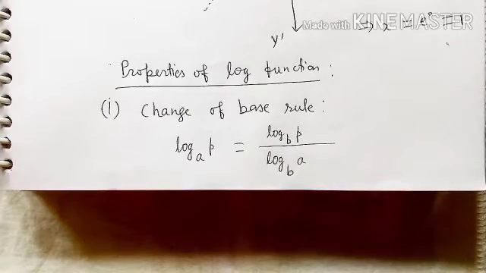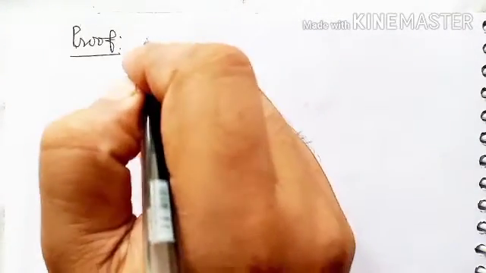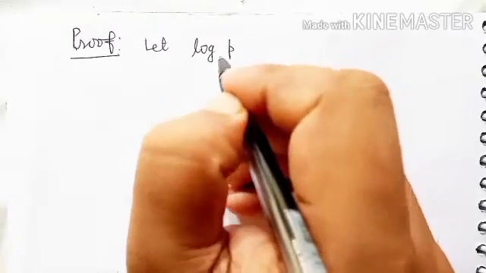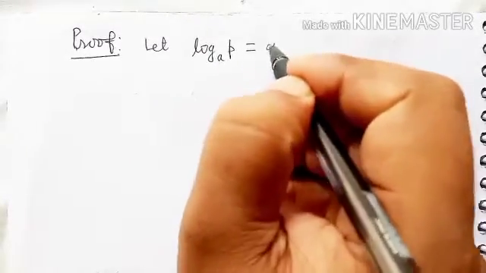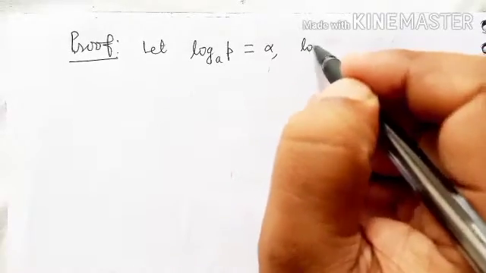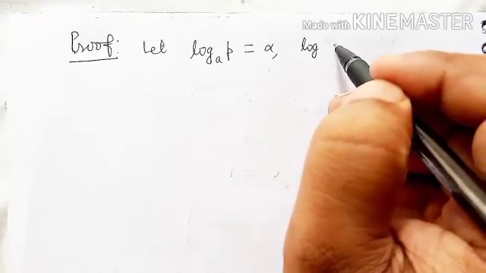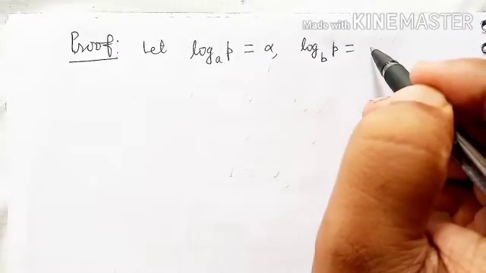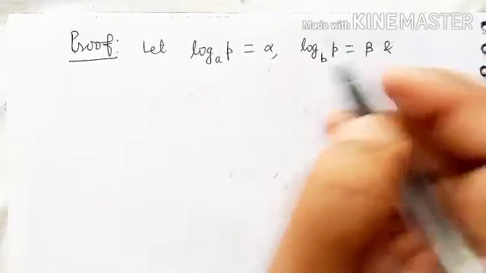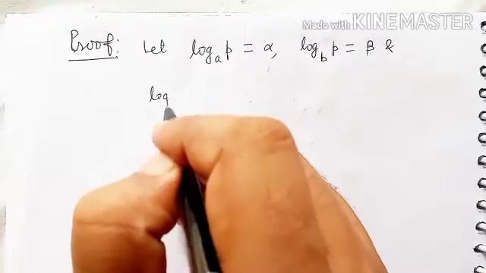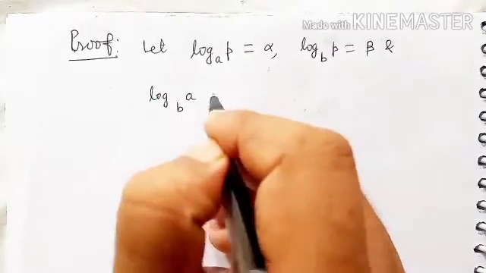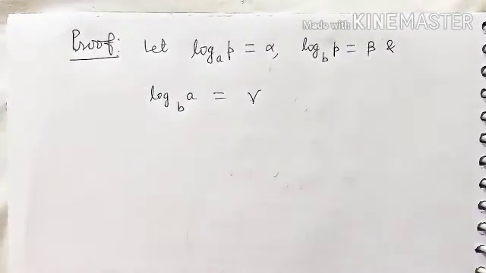Let us prove it. Let log of p to the base a is equal to alpha, log of p to the base b is equal to beta, and log of a to the base b is equal to gamma.